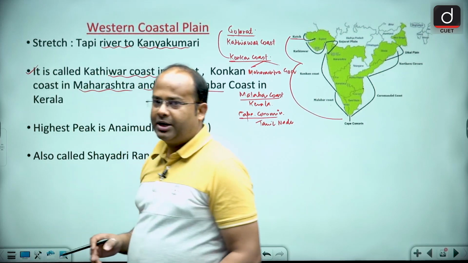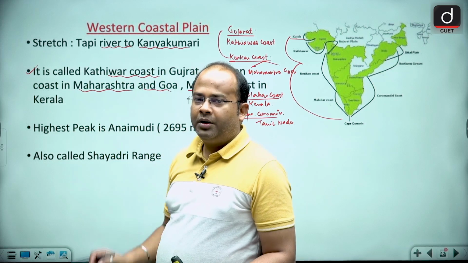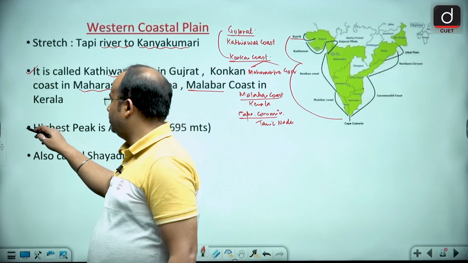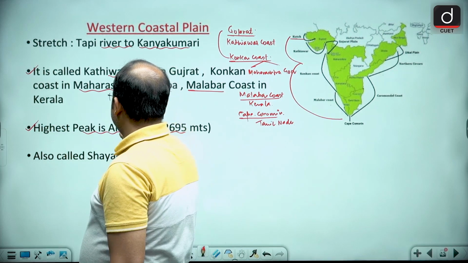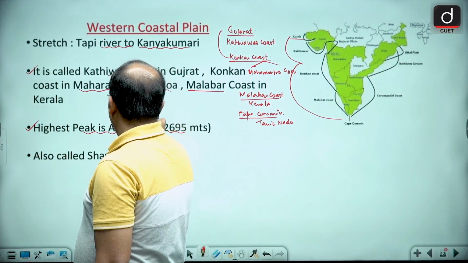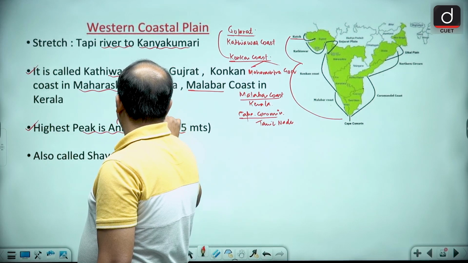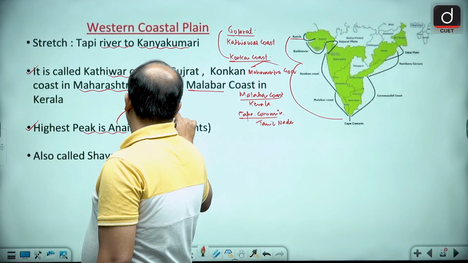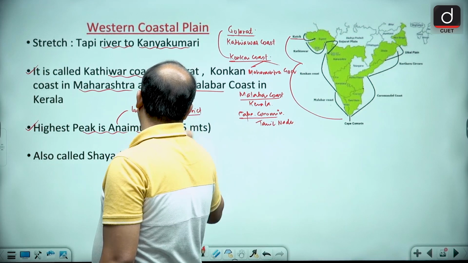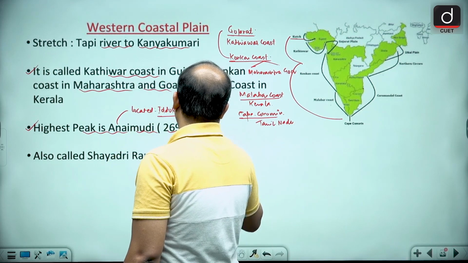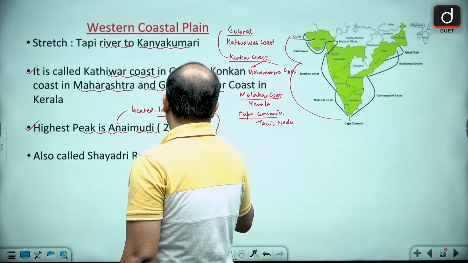Other than this, guys, which is the highest peak of the Western Ghat? This is Anaimudi. Anaimudi is the highest peak of the Western Ghat, and it is located in the Idukki district of Kerala.